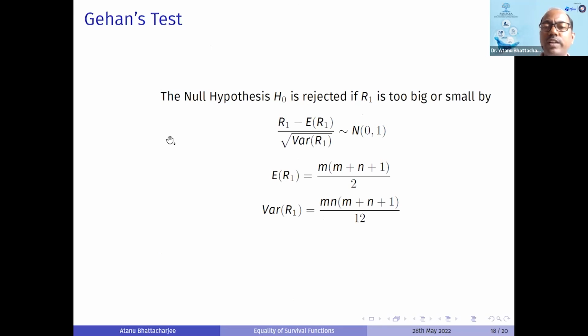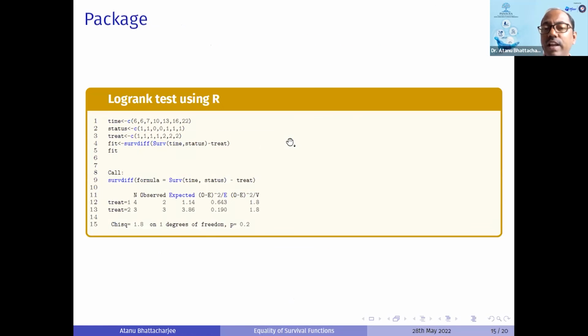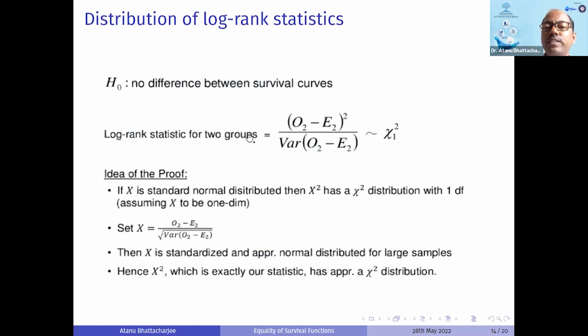The null hypothesis is rejected if the R1 value is too big or too small. So here also we make R1 minus ER divided by some square root value. This is for the Gehan test, and we have seen that this is the Lagrange test, where we take the difference of O2 and E2 and divide by the variance.